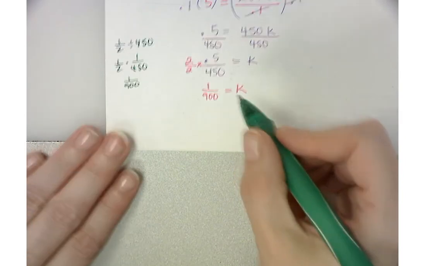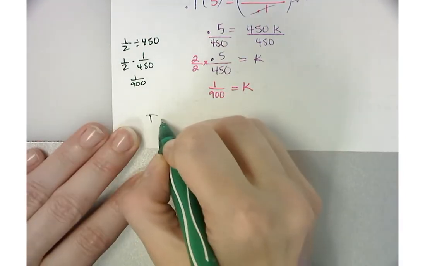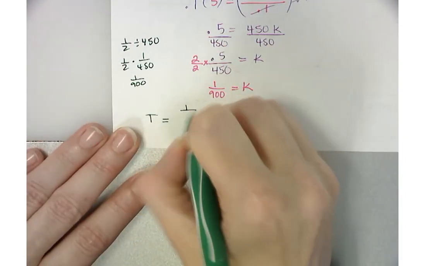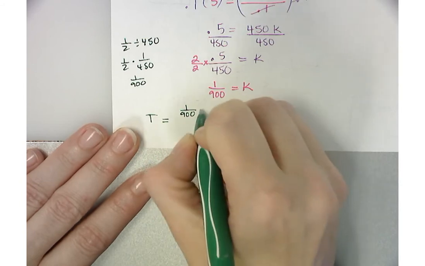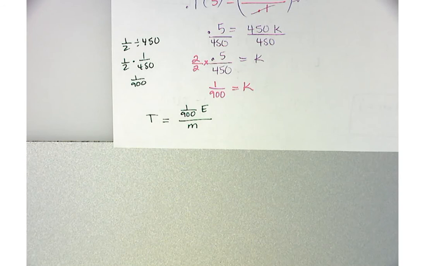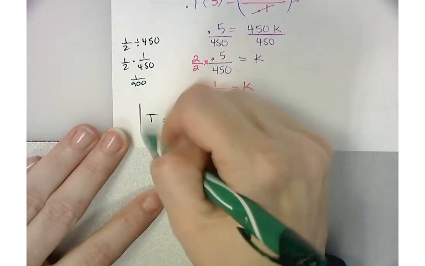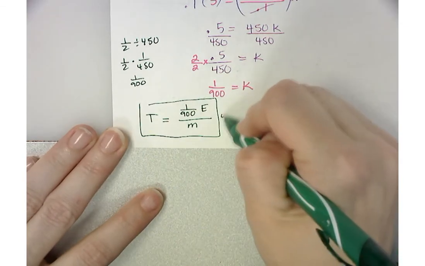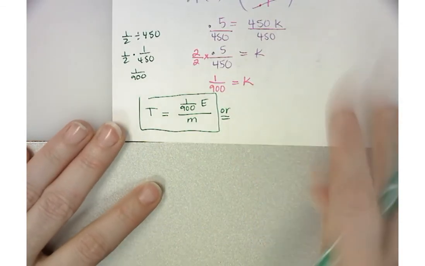So you could think of this as E over 900 divided by m, or E over 900 multiplied by the reciprocal.